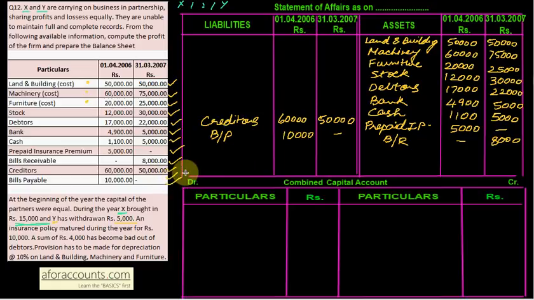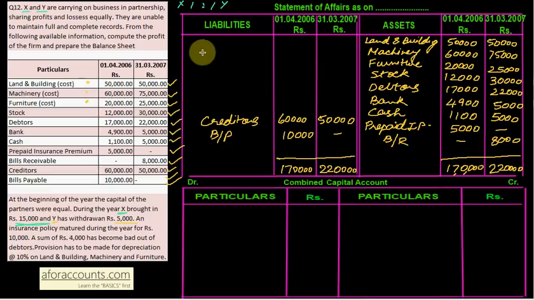For the statement of affairs, find out the total of these items. The total will be 1,70,000 here of all the debit items and 2,20,000 here. Now what will be the balancing figure?